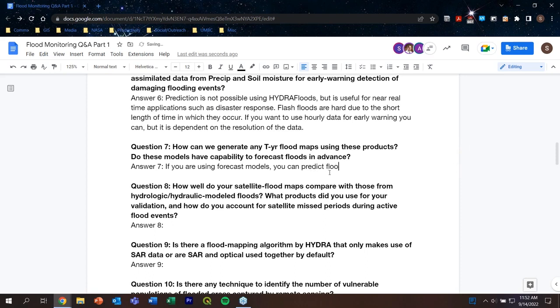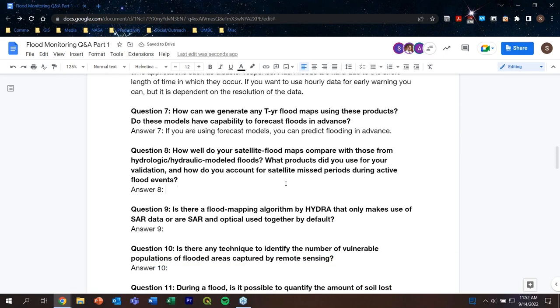This is question 8: how well do your satellite flood maps compare with those from hydrologic hydraulic model floods? What products did you use for your validation, and how do you account for satellite missed periods during active flood events? That's a good question. For the satellite flood map, validation is not done with hydrology or hydraulic models.